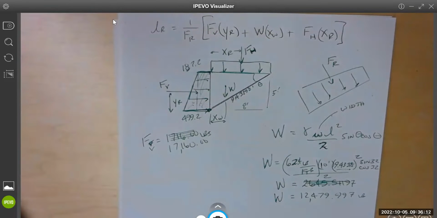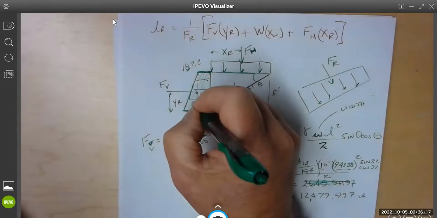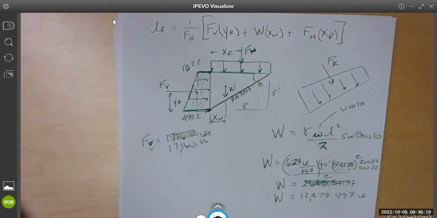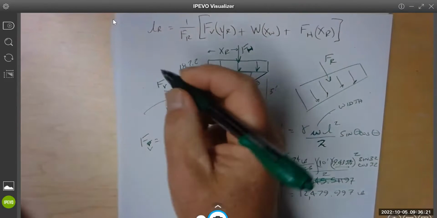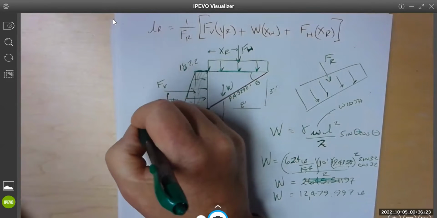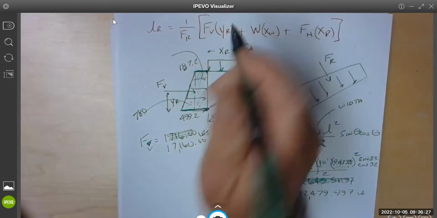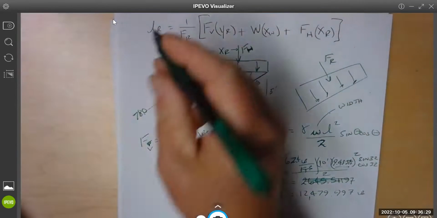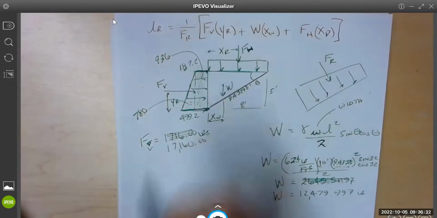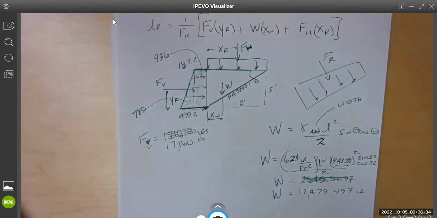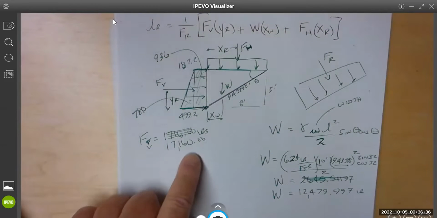I think that was 780, the triangle. I just multiplied by 10 at the end. But the triangle was 780 and the rectangle was 936. And then F of B is pounds, you know? Yeah, so once you multiply by 10, it'll be in pounds.